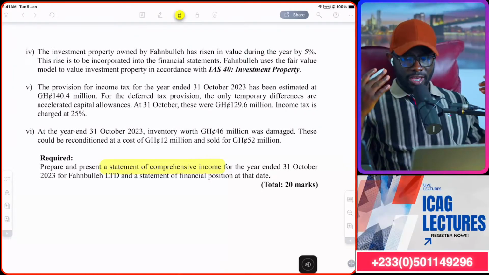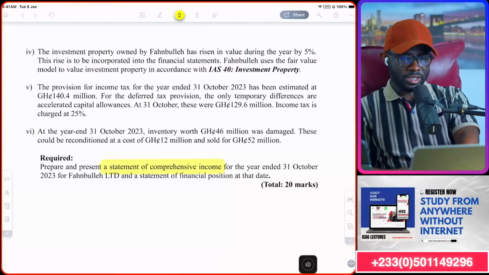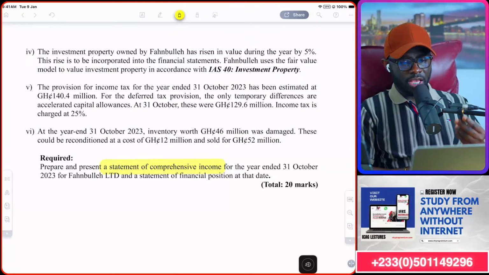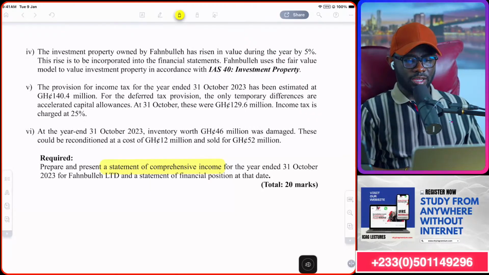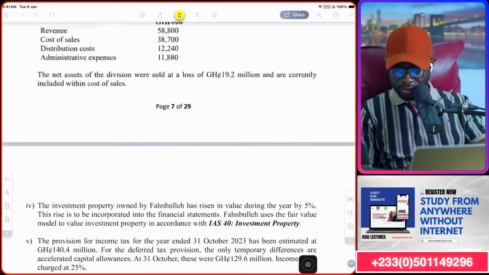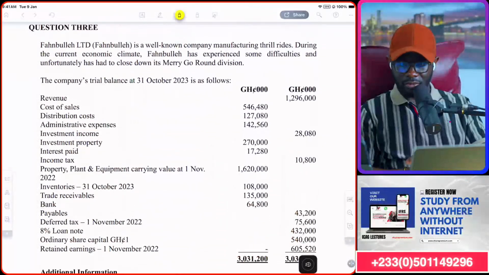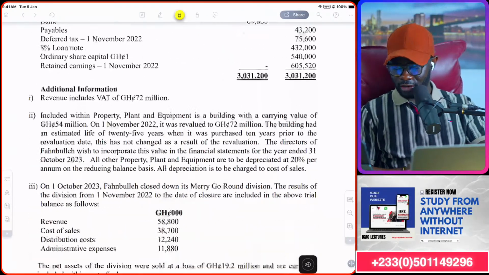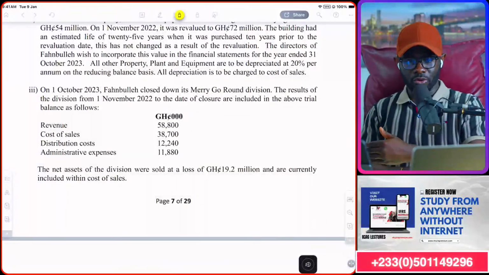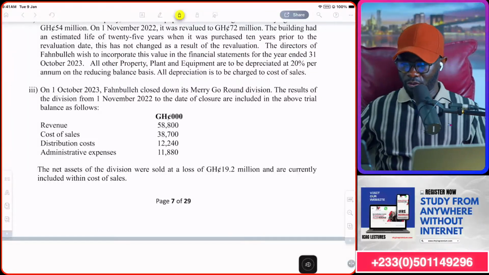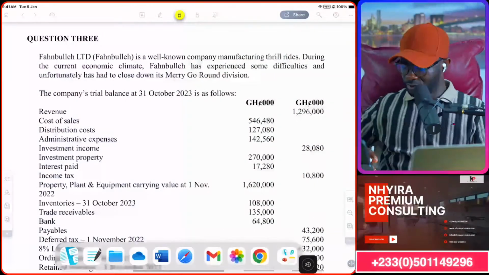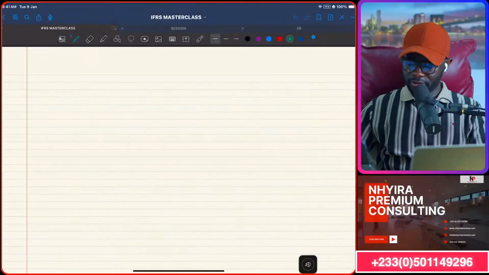So we know it's a single entity financial statement question, and we are preparing the statement of profit or loss and other comprehensive income, and also coming in with the statement of financial position. So let's go up, read the preamble. We're going to ignore the trial balance given, then we'll come to the footnote, walk through, apply the standards, and we continue with the discussion. So let's put our company up.